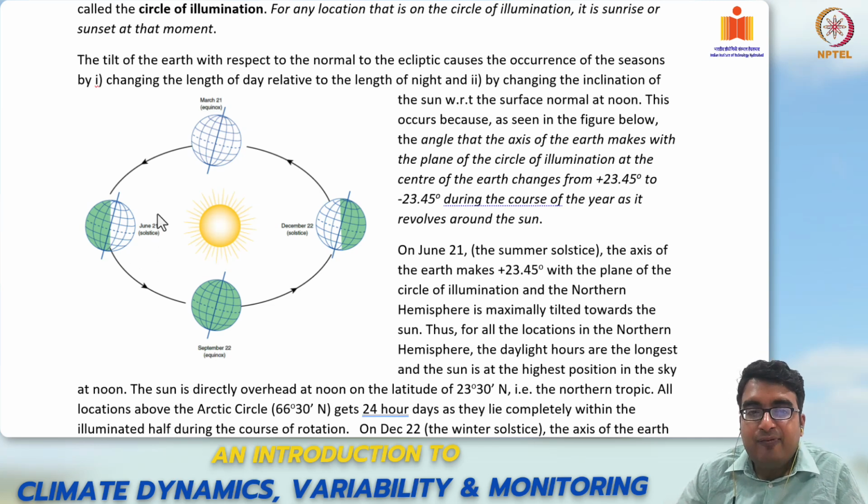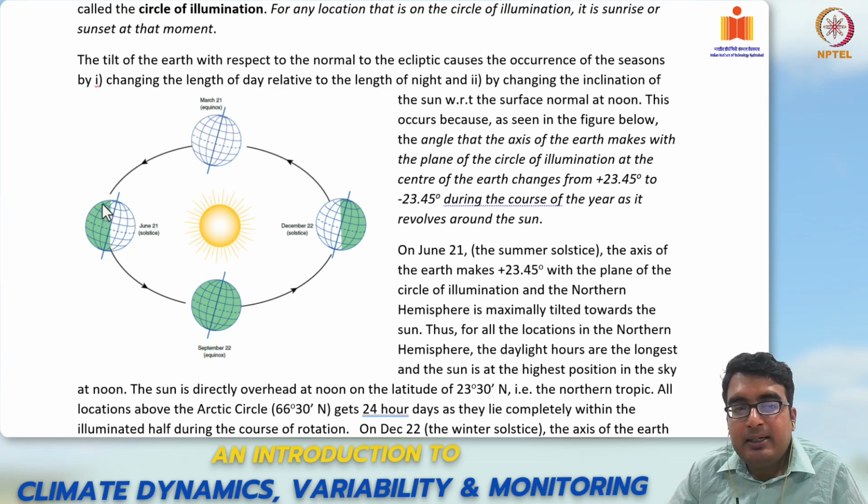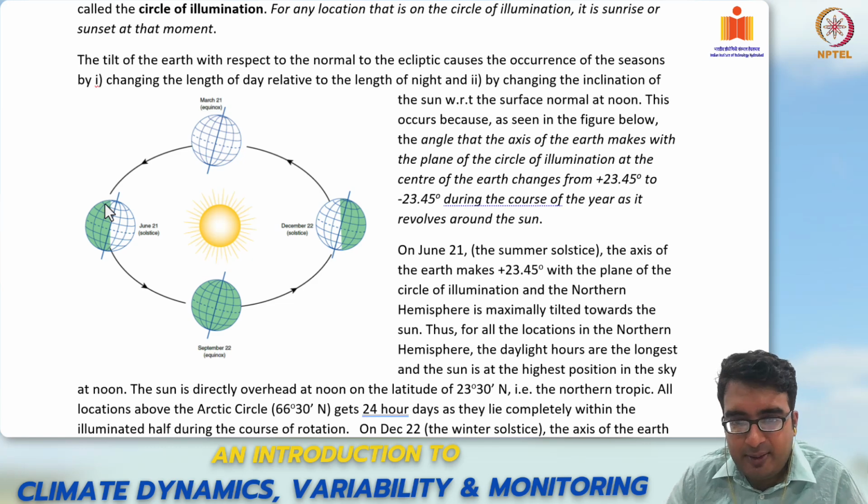So when you have the summer solstice, the axis of the earth makes an angle of 23.45 degrees exactly with the circle of illumination, and hence the earth is rotating such that the northern hemisphere points are having longer daylight periods than the southern hemisphere points.